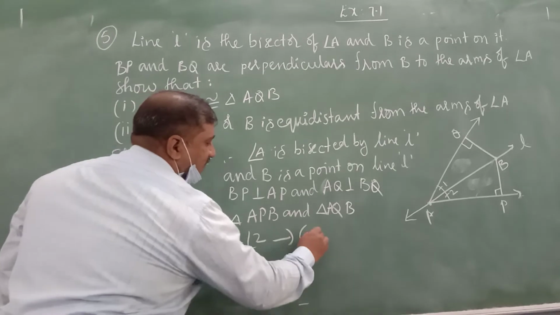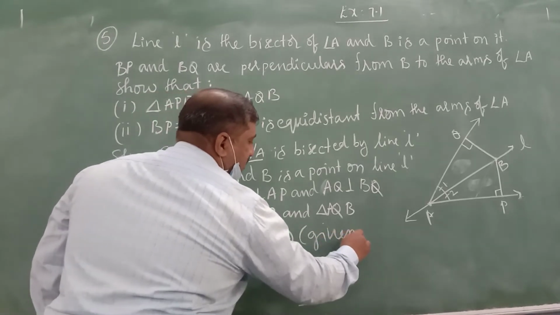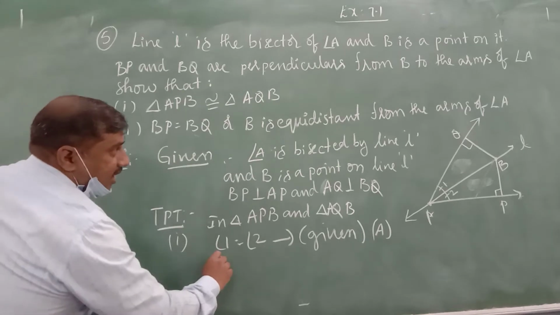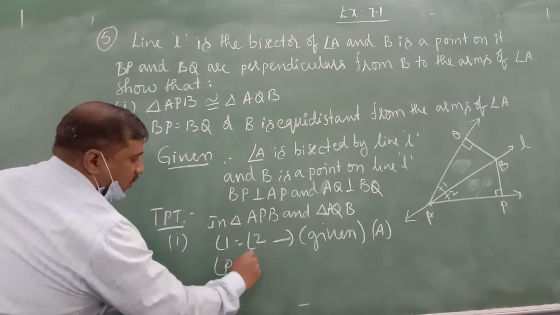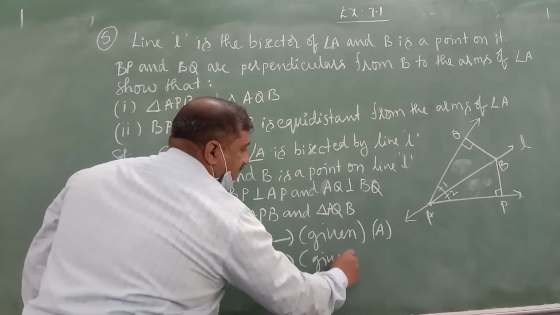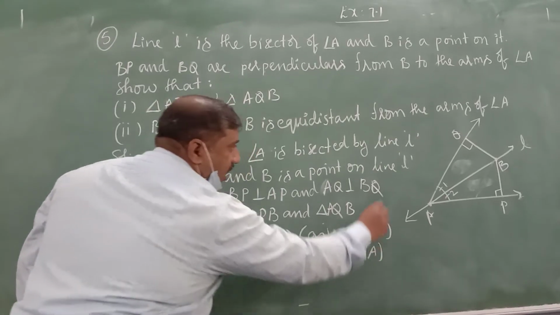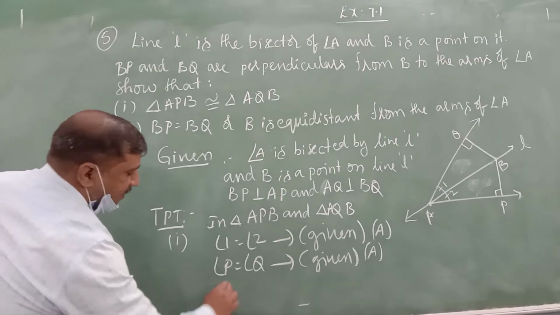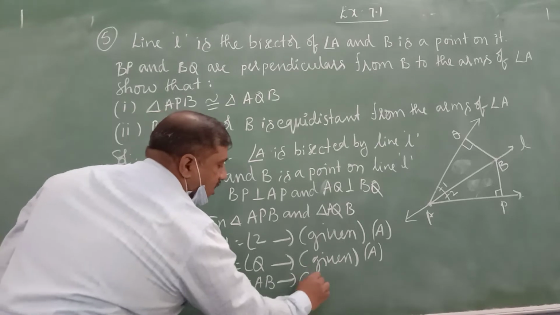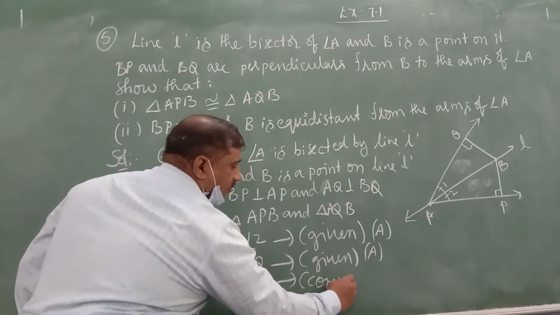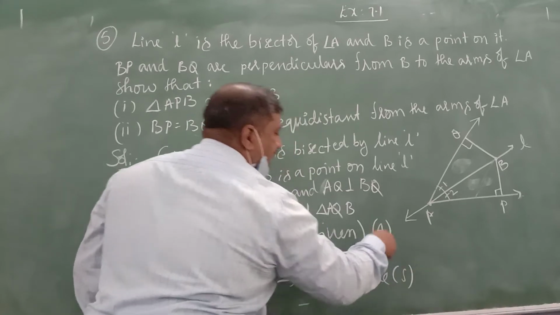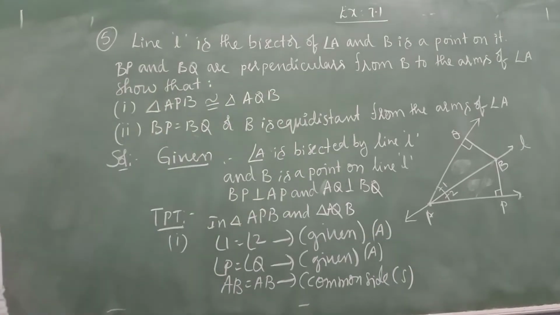That is given. Then angle P is equal to angle Q, that is also given, perpendicular, right angles. And AB is equal to AB, common side.